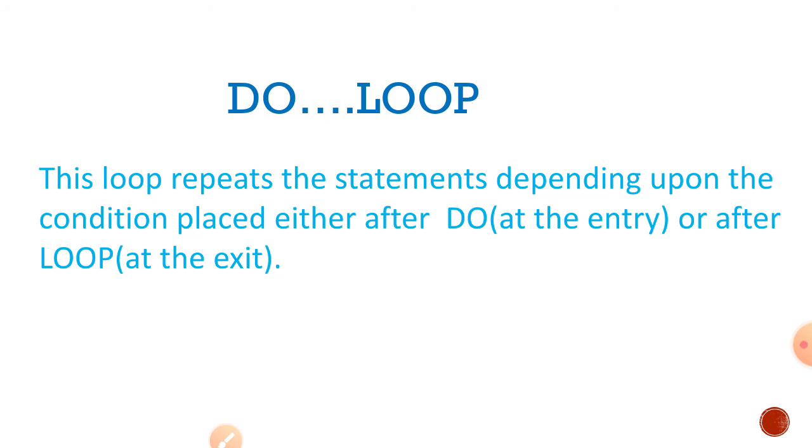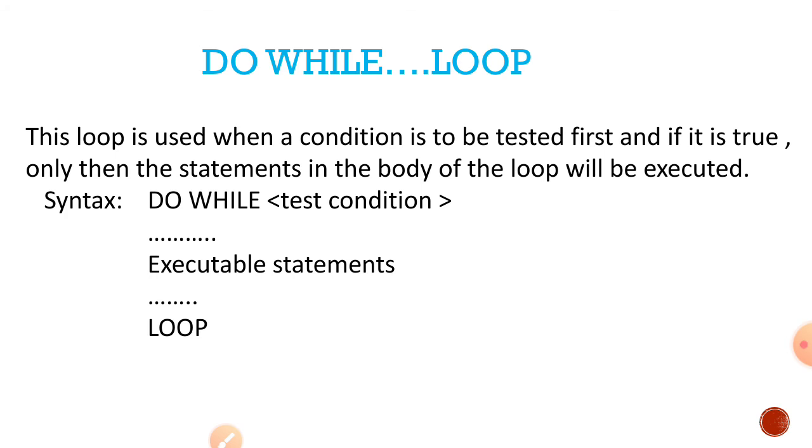Now we are learning about the Do loop. The Do loop repeats the statements depending upon the condition placed either after Do, that means at the entry, or after Loop at the exit. So at first we will learn about the Do While loop.